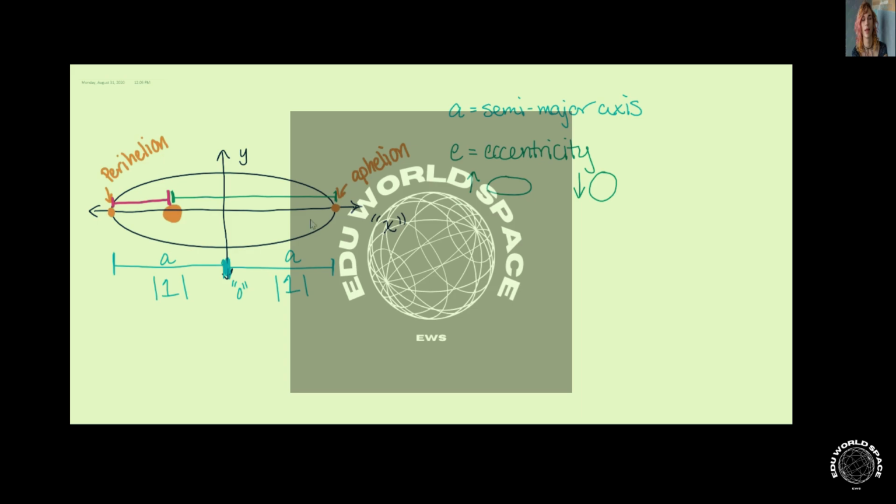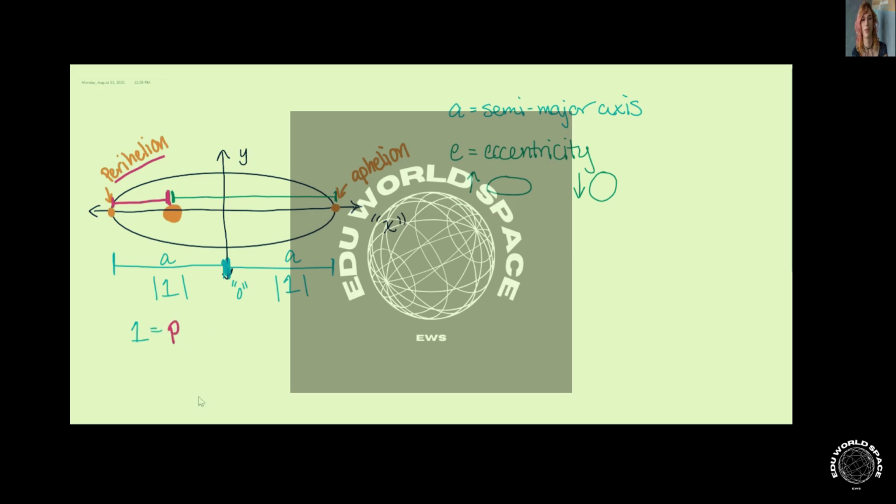It's just 1, right? Now, if you look at this visually, especially for perihelion, this distance in pink is going to be a part of 1. So 1 is going to equal this perihelion.